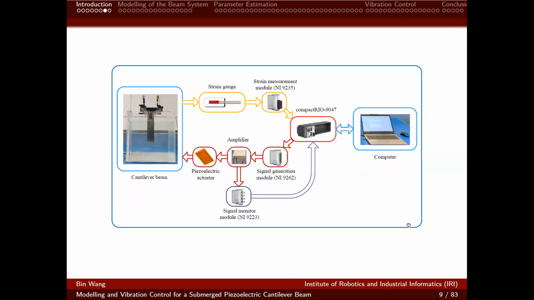This is the structure of the experiment setup. On the left, we have the cantilever beam system, and we use the strain gauge and strain measurement module to collect the data. The data can be collected with the CompactRIO. In the CompactRIO, we have downloaded the program from the computer, so the program can run on the CompactRIO in real time.